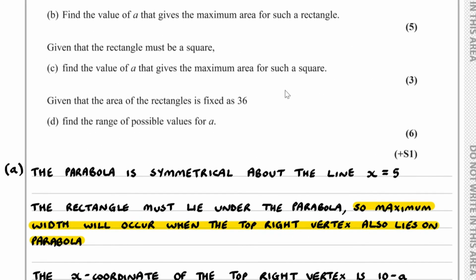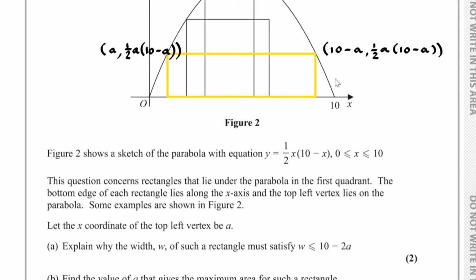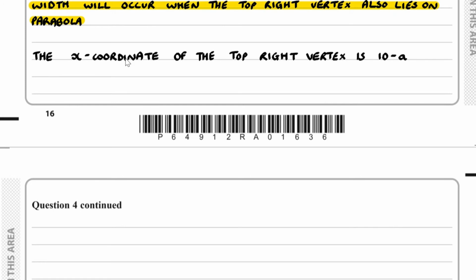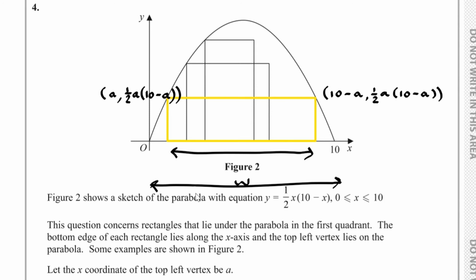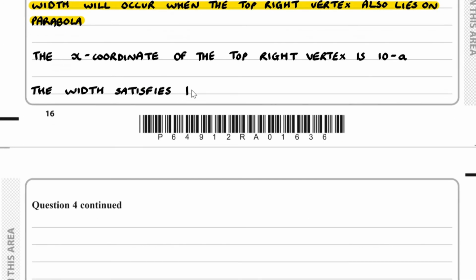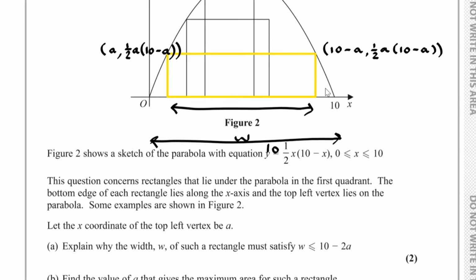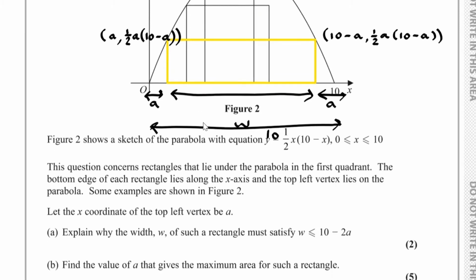And so the width of the rectangle, well, here is the width, and to work out the width, I've got this entire length, which is 10, and then I need to subtract the a over here and also over here.